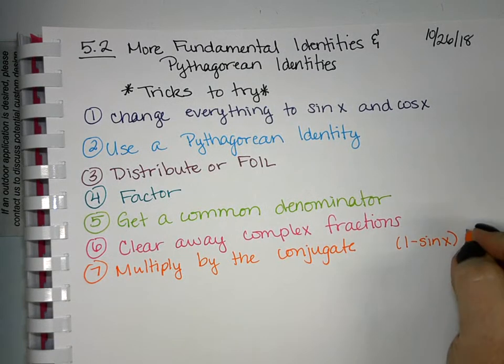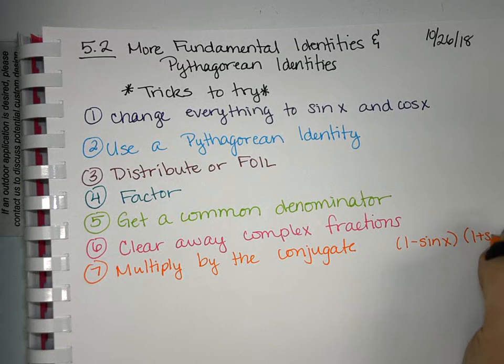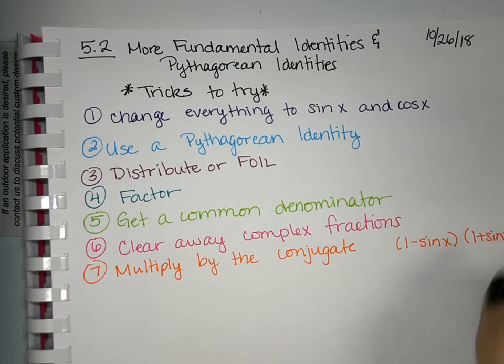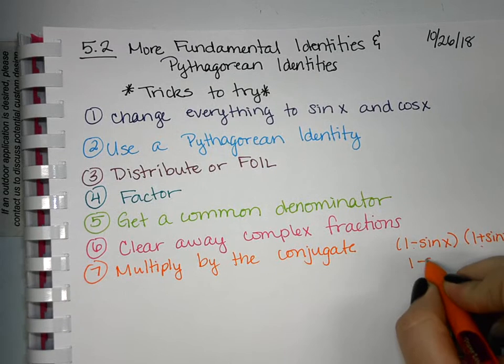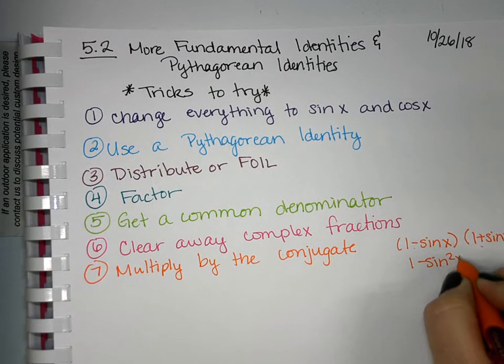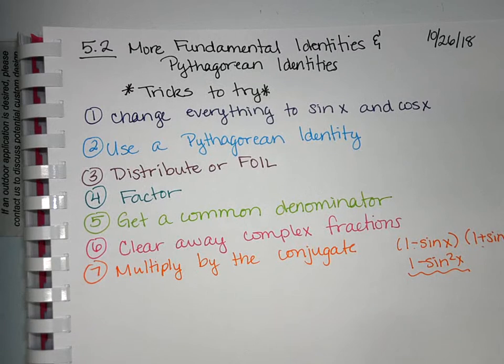If we multiplied everything by the conjugate, which remember is the same thing but with the opposite sign, when you FOIL this together, you get 1 minus sine squared x. Well, what is that? That's a Pythagorean identity. So sometimes when we multiply by conjugates, you can end up getting a Pythagorean identity that'll help you simplify further.